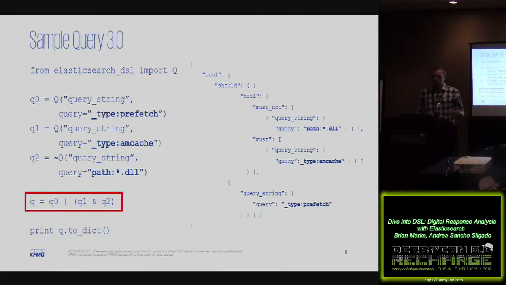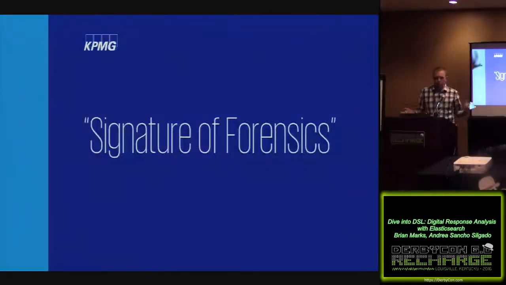If anyone's done any binary static analysis, Yara is a language where you can use just basic logic queries to do static analysis on binaries. So we were thinking in the lab that we needed some way like this to query forensic artifacts. And so with this, we came up with signature forensics using Elasticsearch DSL with this query logic.